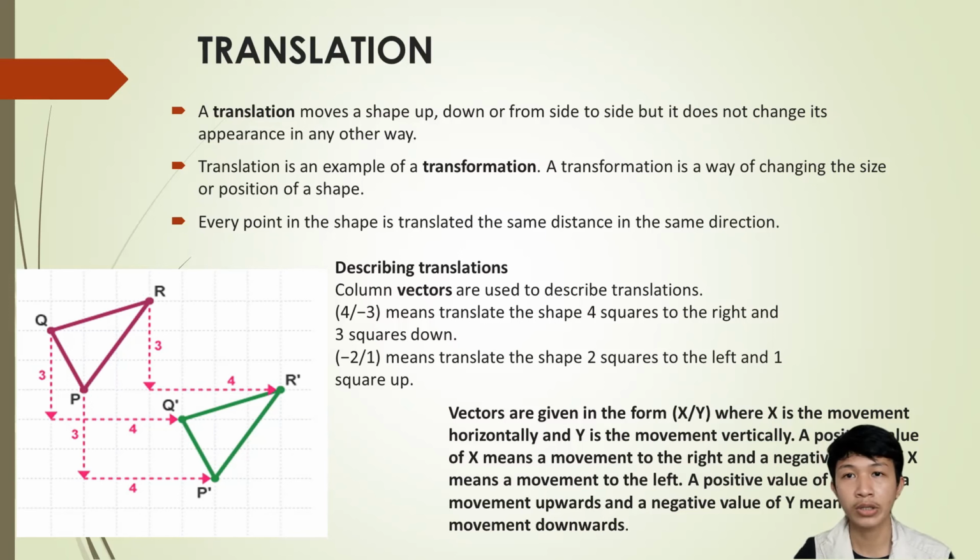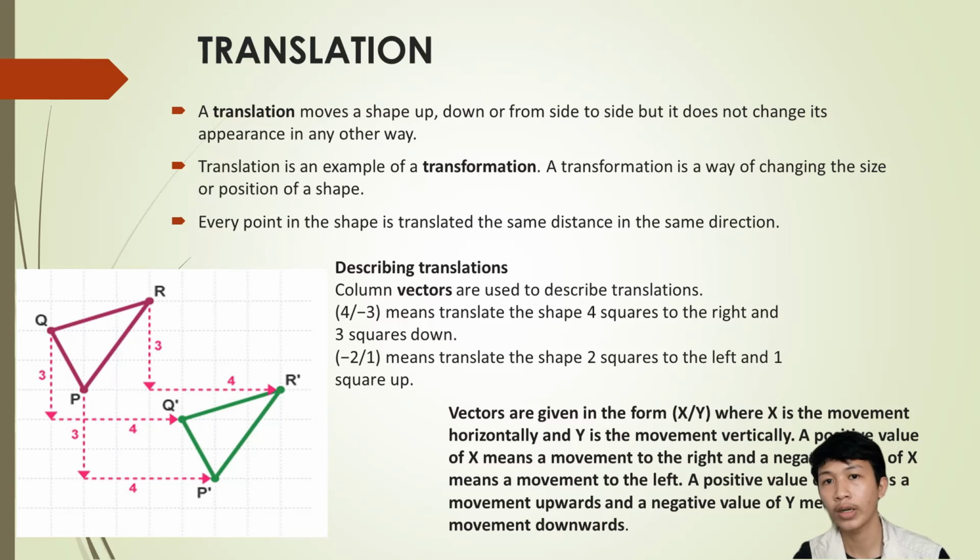Describing translation: column vectors are used to describe translation. The vector (4, -3) means translate the shape 4 squares to the right and 3 squares down. When we say 4, this is the x, and the negative 3 is the y.